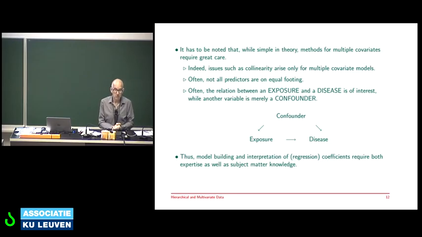Again, once you have 2 or more predictors, life may actually become relatively complex, and there are entire areas of statistics or related to statistics like epidemiology that are looking at this. So just imagine I'm interested in an outcome Y, which happens to be lung cancer. Okay.